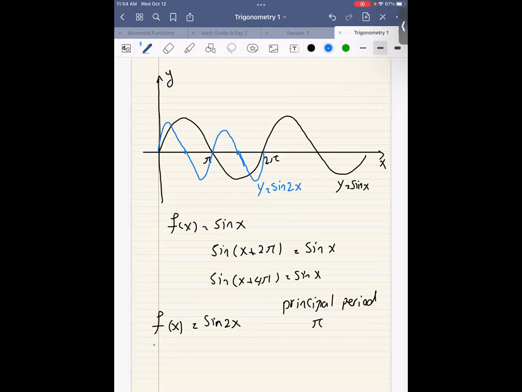Because sine of 2 times x plus pi is equal to sine of 2x plus 2 pi, which is equal to sine of 2x. So that means f of x plus pi is equal to f of x, right? So the principal period for sine of 2x is pi. It's smaller, and you can see from the picture it oscillates faster. That means the period is smaller.